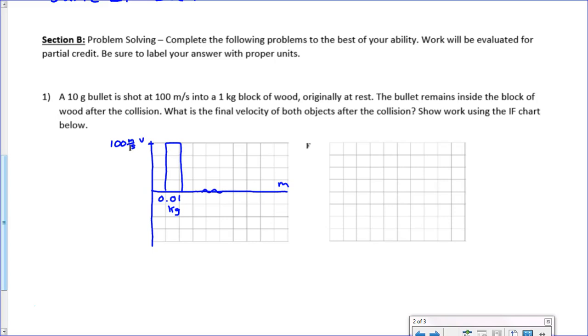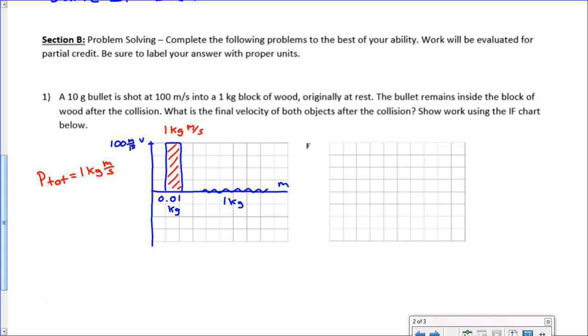And then we've got the block there that's not going anywhere. All right, and it's got 1 kilogram of its mass, but it's got nothing in terms of its momentum. If we calculate the momentum here of the bullet, you take 100 times 0.01, and you get that it has 1 kilogram meter per second of momentum, which means that the total momentum in this situation is equal to 1 kilogram meter per second because there's only one object moving.